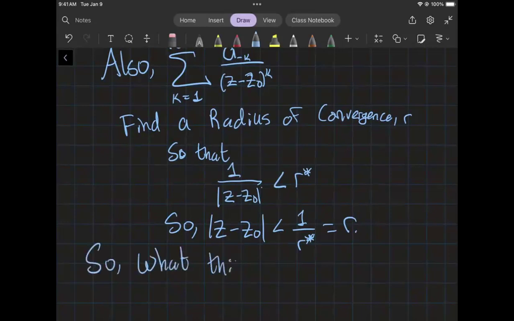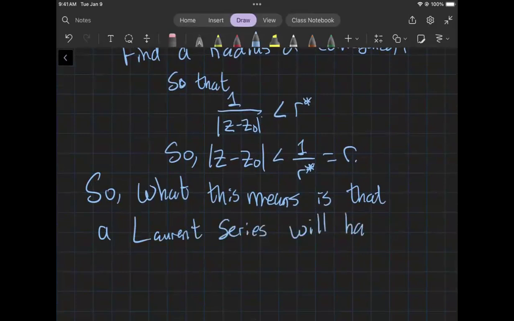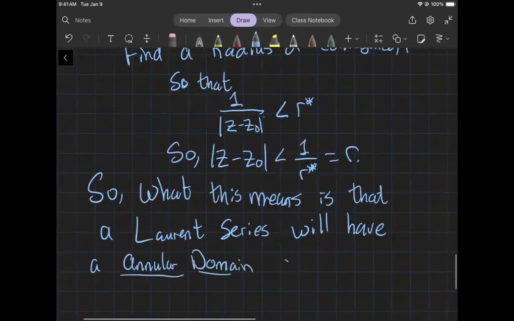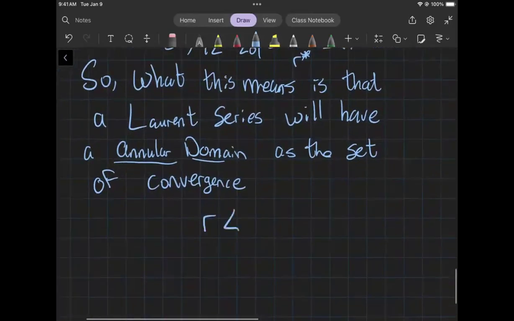What this means is that a Laurent series will have an annular domain as the set of convergence.